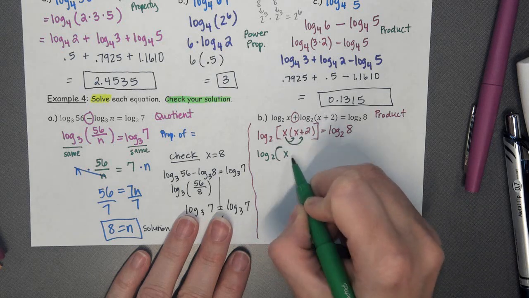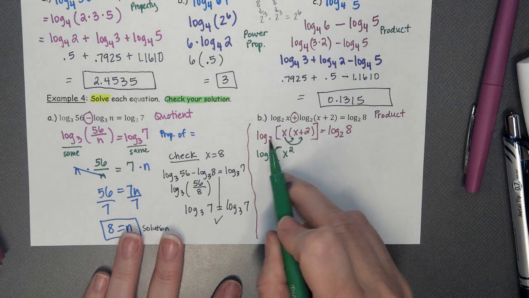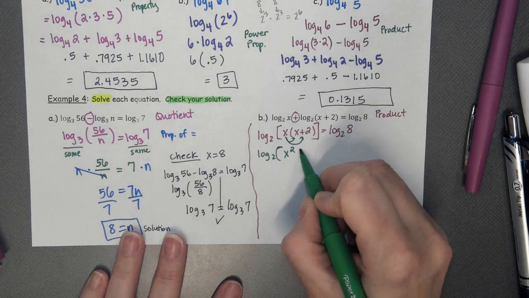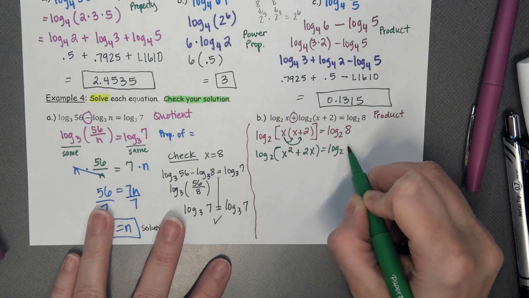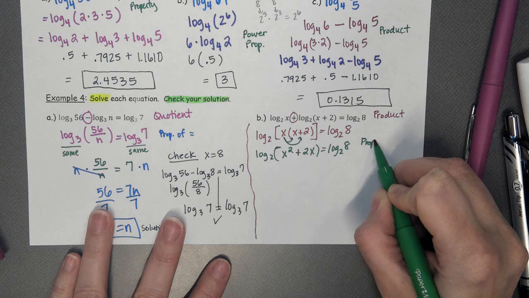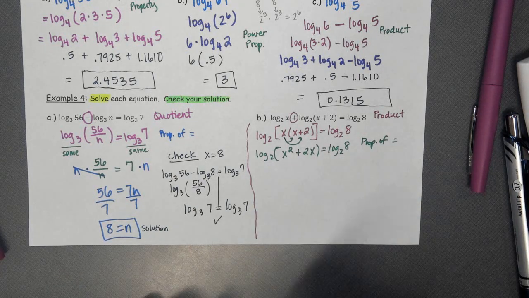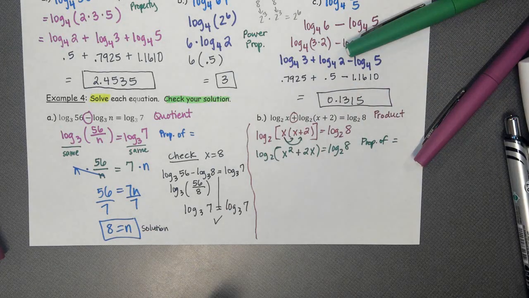So you have to multiply, and then I'm going to just turn this back into parentheses. If you have parentheses, you can use double parentheses or brackets. X times x is x squared, x times 2 is 2x. And now we can use the property of equality for logs, which is if you have log 2 and log 2, you can just set whatever the logs are of equal to each other.